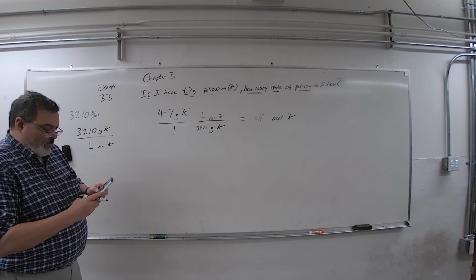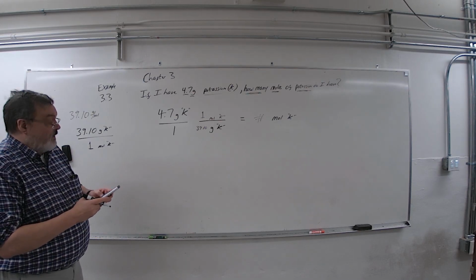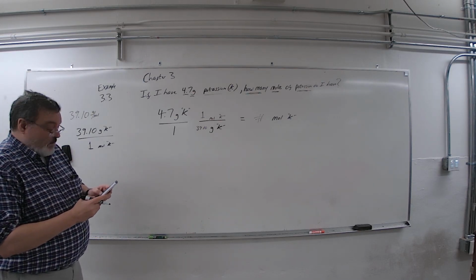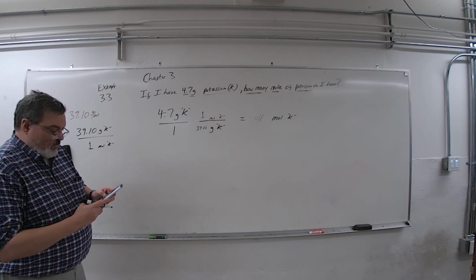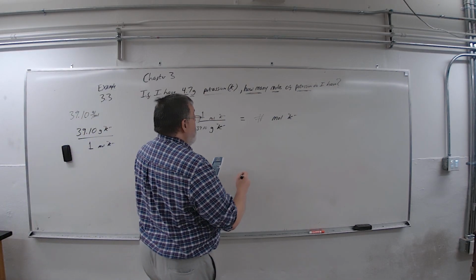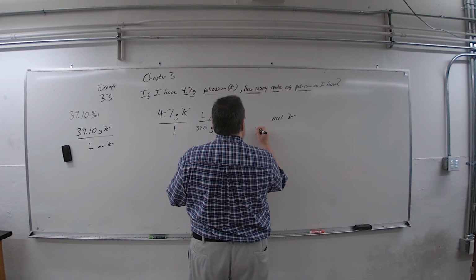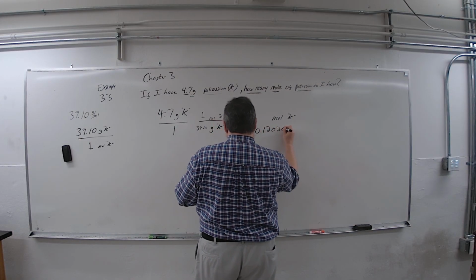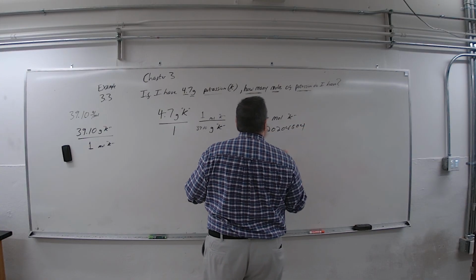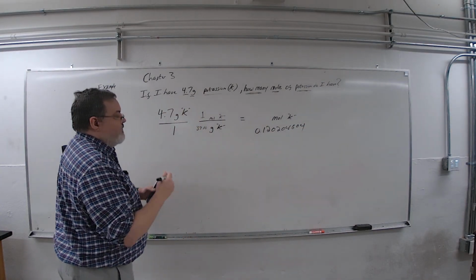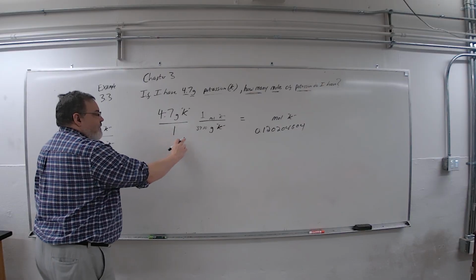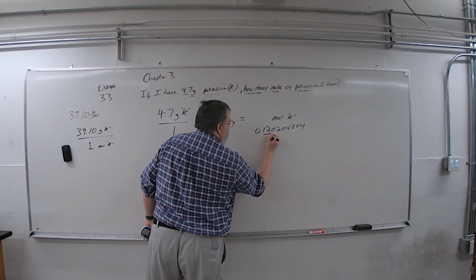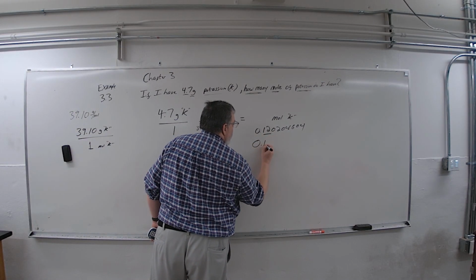4.7 divided by 39. My calculator says, for my numerical value, 2 significant figures, 4. So I'm keeping those 2. So the answer is 0.12 mole.